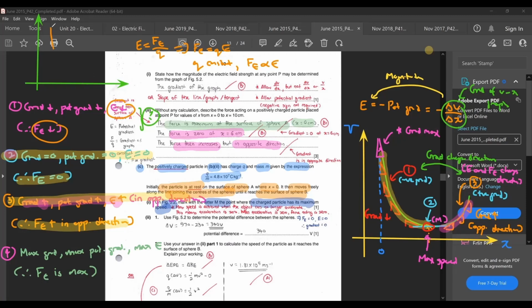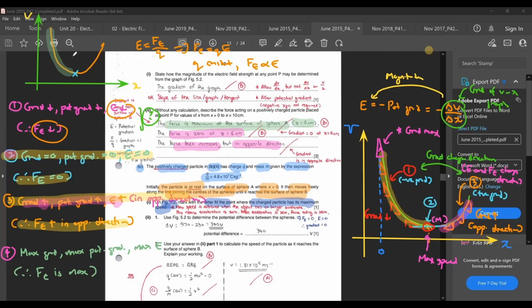Say this is your graph of potential versus distance again, with this part here being your minimum point. What you could actually say is this.